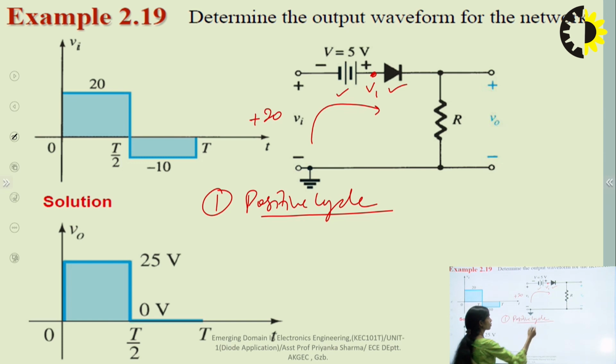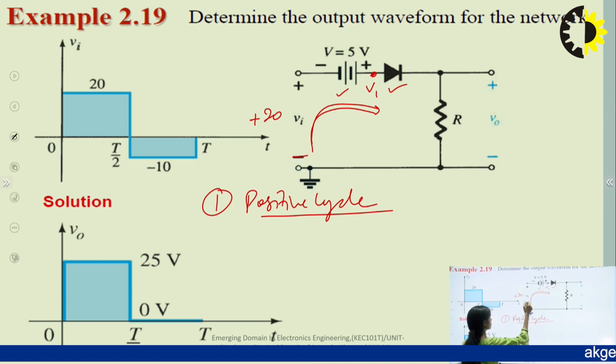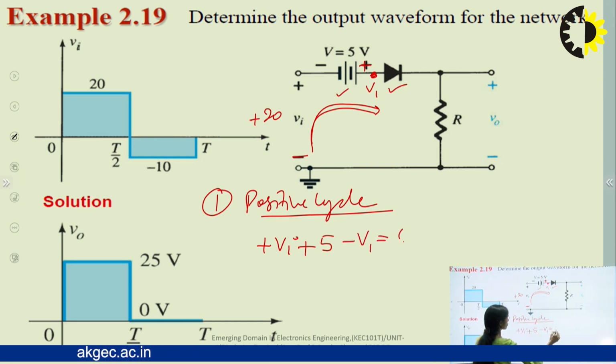So we first calculate V1 by taking the total voltage across this, using the KVL concept. Going minus to plus, I have plus Vi, and minus to plus, this is the DC voltage, again we have 5 volt, and V1 I am taking at positive potential, so I am taking minus V1, equals 0. So V1 comes out to be Vi plus 5.